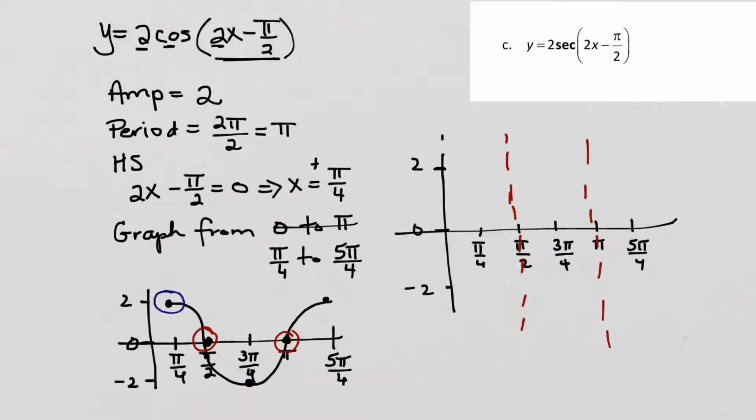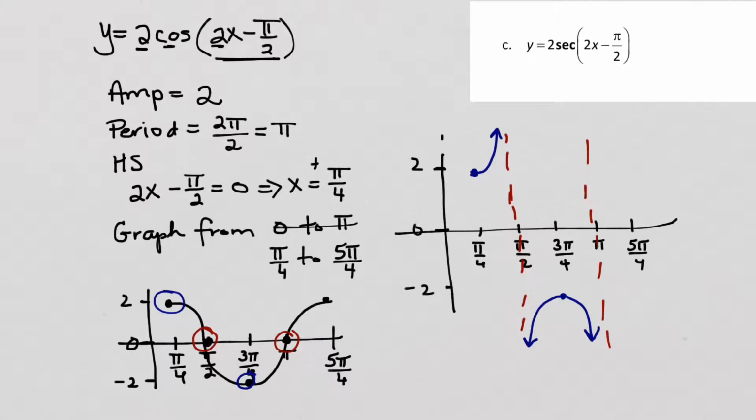So we have the point pi over 4 comma 2 on the cosine graph. So I'll put the same point on this graph, and this is going to go upwards because it's in the top of the graph. And then we have 3 pi over 4, negative 2, graph that. We're going to have a little frown down there.